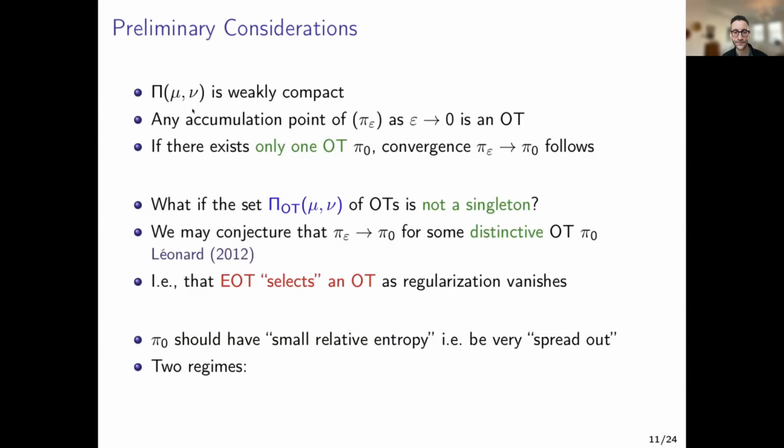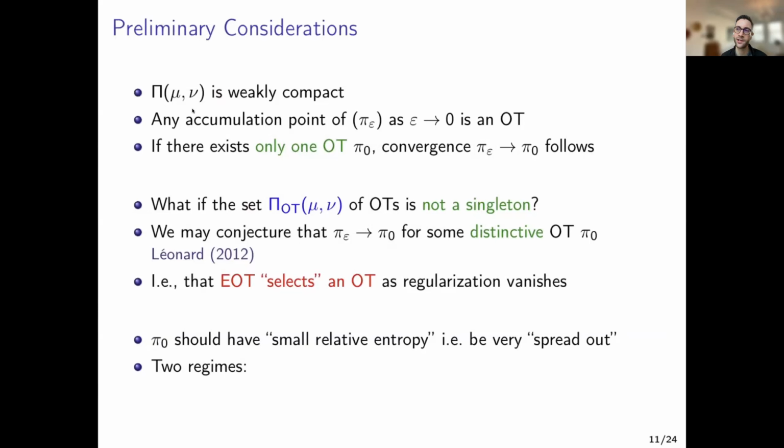It's very intuitive to conjecture that pi epsilon should converge to something. I don't know who was the first person to have that thought, because it's relatively easy to have that thought. I think the first time seeing this stated in some generality is in a paper of Christian Leonard a bit more than 10 years ago. If you think from the perspective of unregularized optimal transport, this is like a selection principle. You have many optimal transports. Is one of them somehow particular?